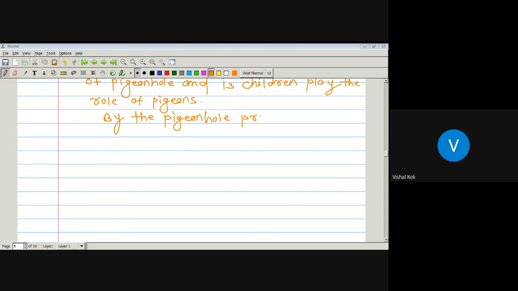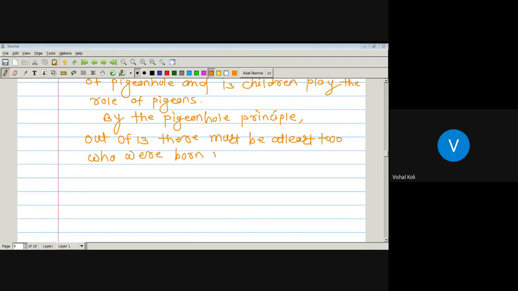By the pigeonhole principle, out of 13 there must be at least two who were born in the same month.